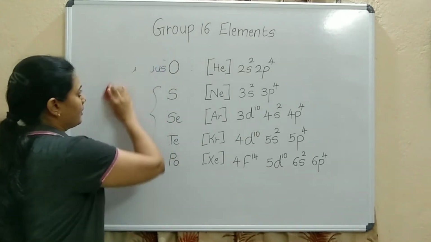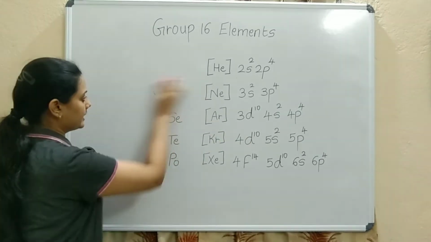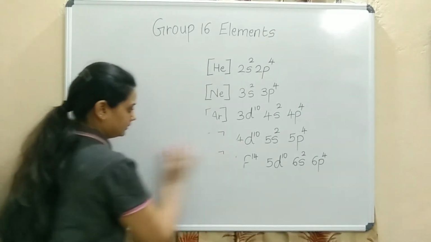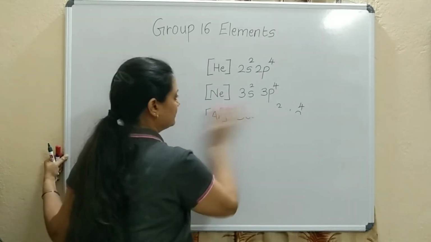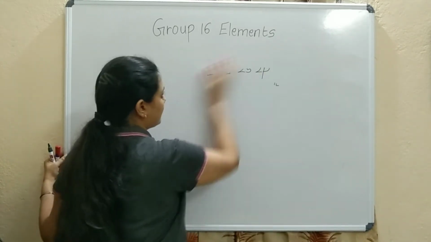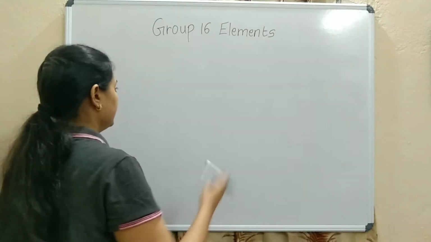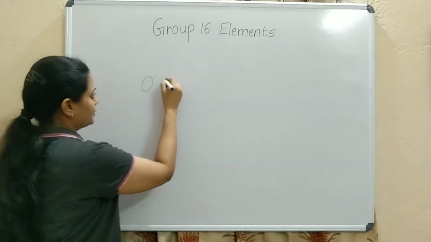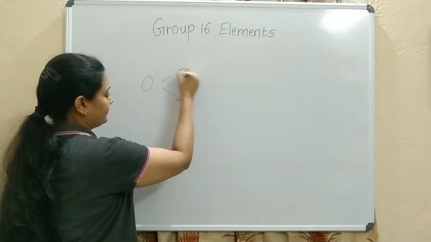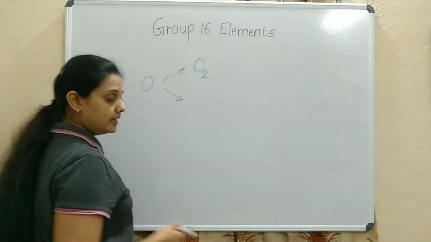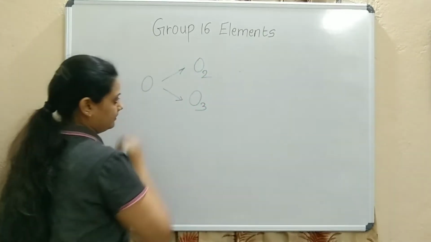Let's check the allotropes of oxygen and sulfur. Hope you have copied the electronic configuration, so I'll just remove it. Oxygen exists in two allotropic forms, that is O2 dioxygen and O3 ozone.